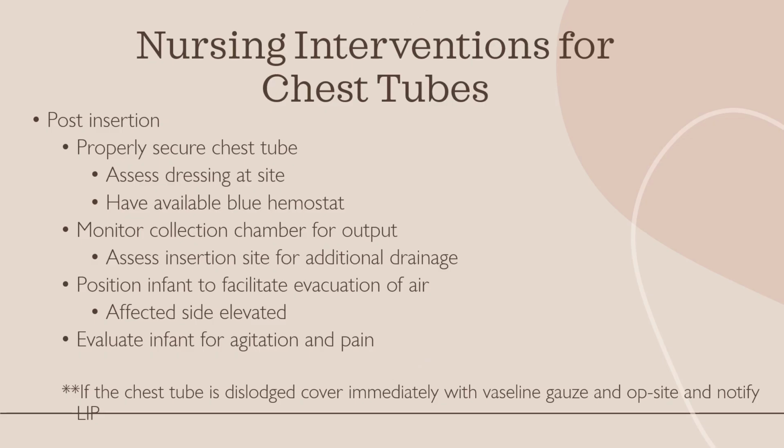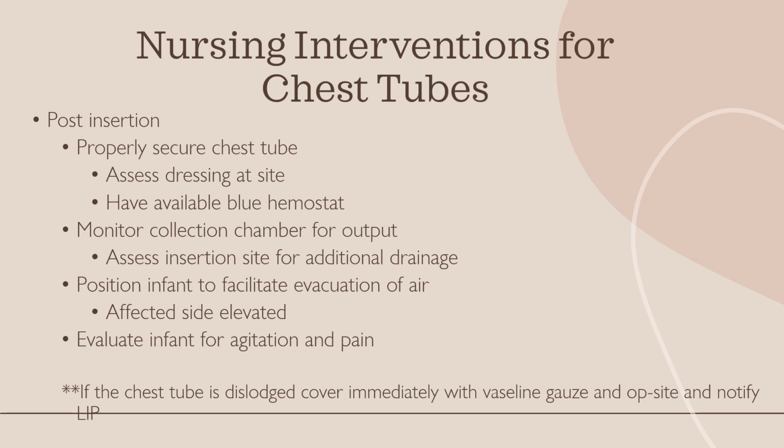After the chest tube is inserted, you want to make sure it's properly secured at the chest, and you want to assess the dressing. You want to make sure that you have a blue hemostat, something to safely clamp the chest tube if something should happen. You can also keep a chest needling kit at the bedside in case the baby has another pneumothorax.